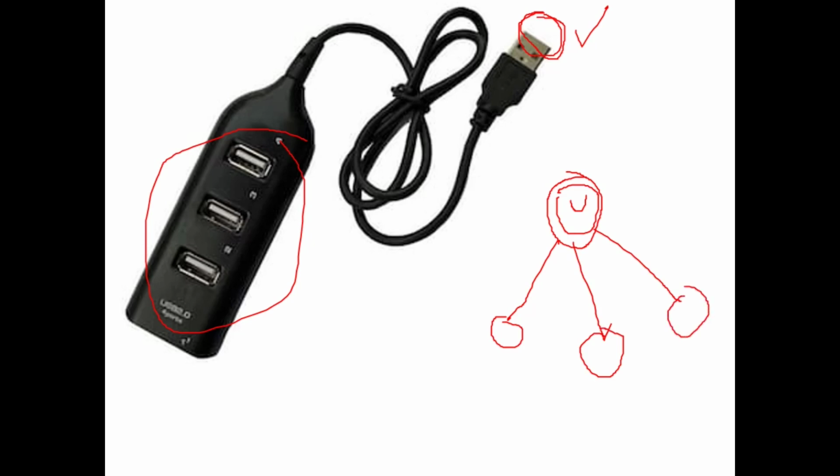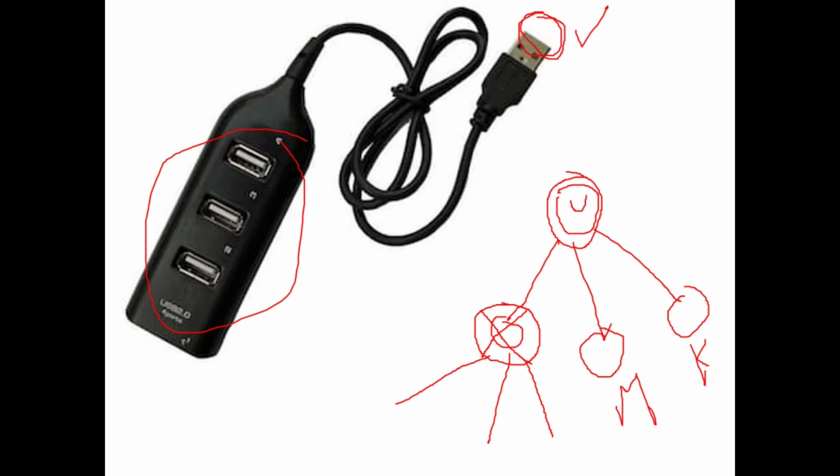If I connect a mouse over here and keyboard over here, and I want more USB ports once again, I can connect a hub to this USB port again. Now if I connect a USB hub again here, 3 more USB ports are available for me. So I can keep extending the number of USB ports by connecting a single hub to a USB port and get more USB ports using a USB hub.